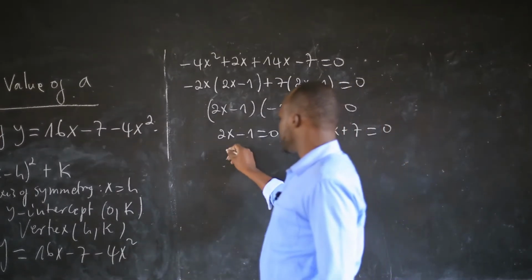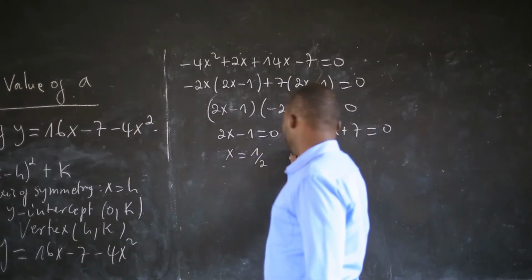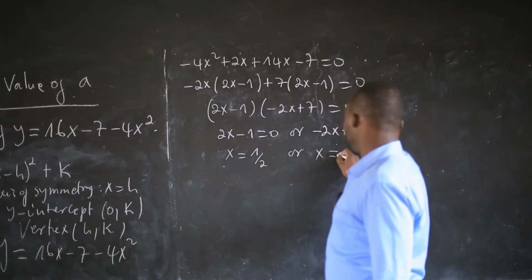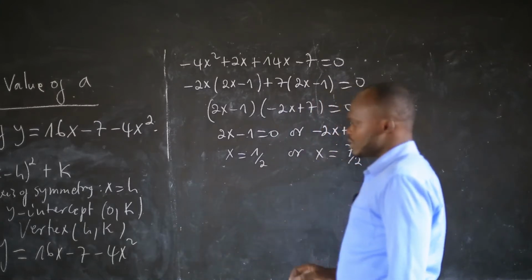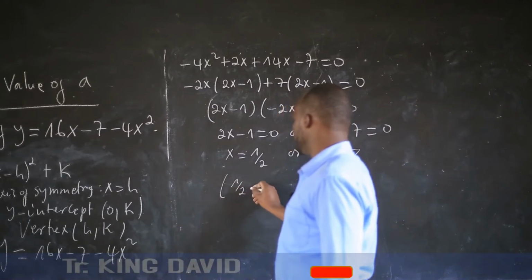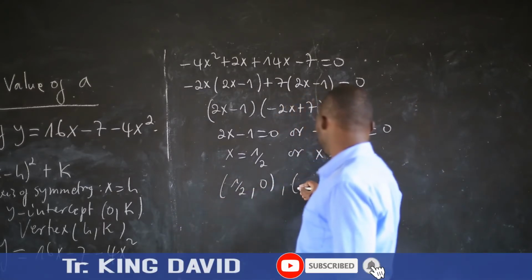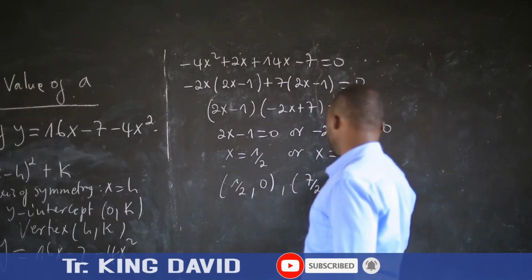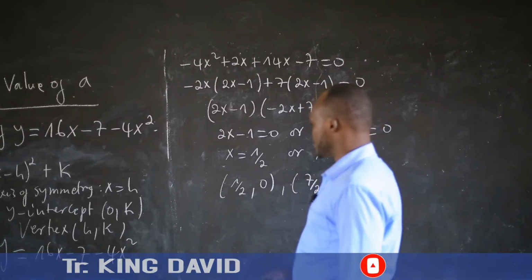So you see here x is a half, or x is 7 over 2, which means that the x-intercepts are a half, 0, or 7 over 2, 0. That's what we call the x-intercept.